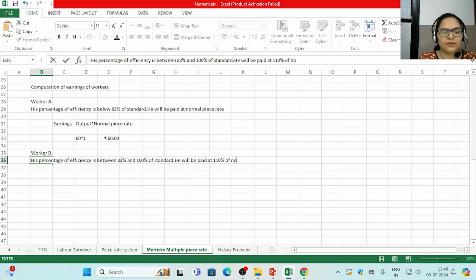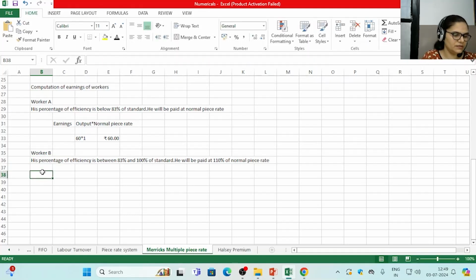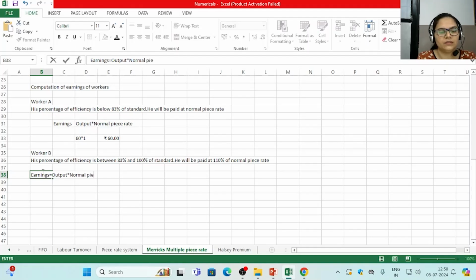His earnings will be output into normal piece rate into 110 divided by 100.